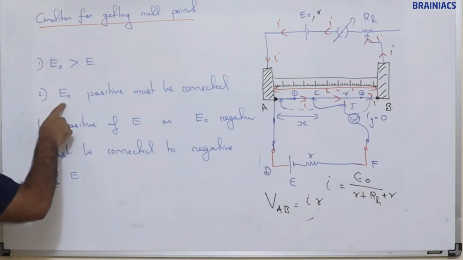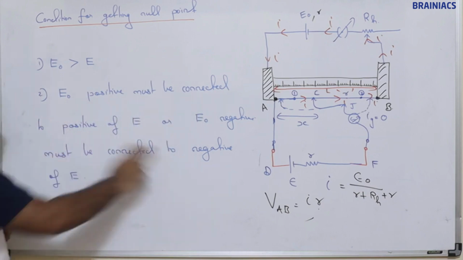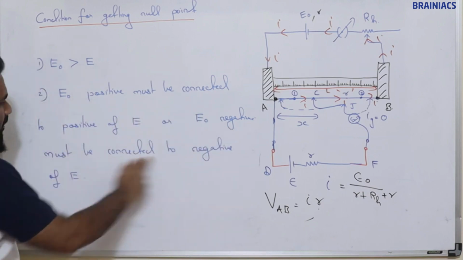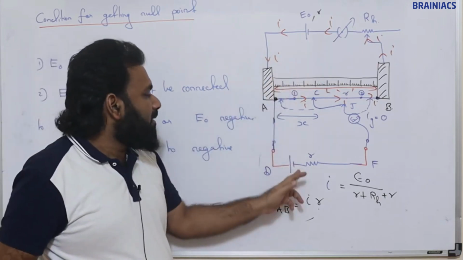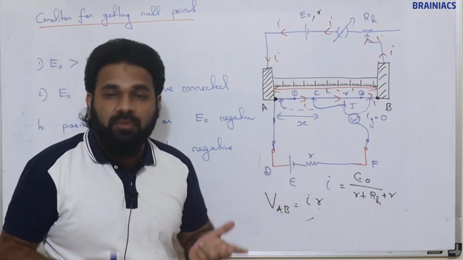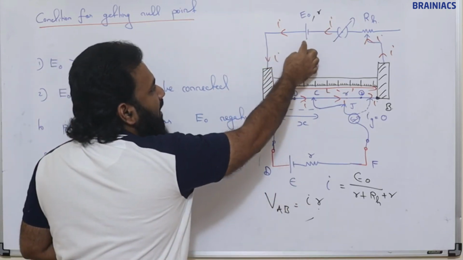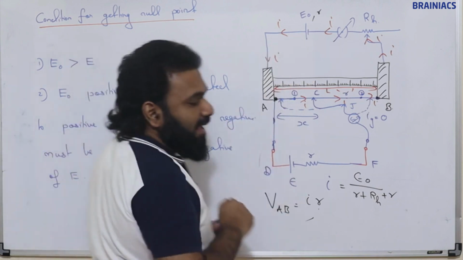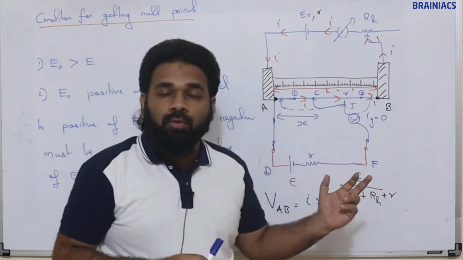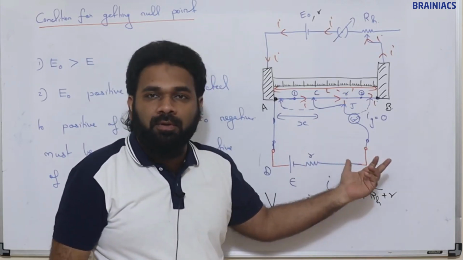Another point is E0 positive must be connected to positive of E, and E0 negative must be connected to negative of E. This cell and this cell must be in opposite polarity. If they are in the same polarity, then definitely both will be aiding current in one direction, and we won't get a null point.